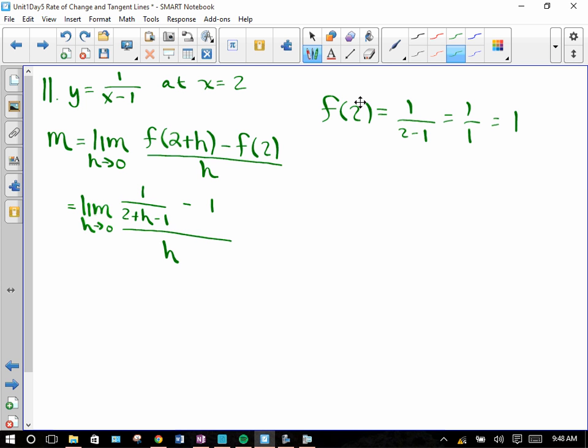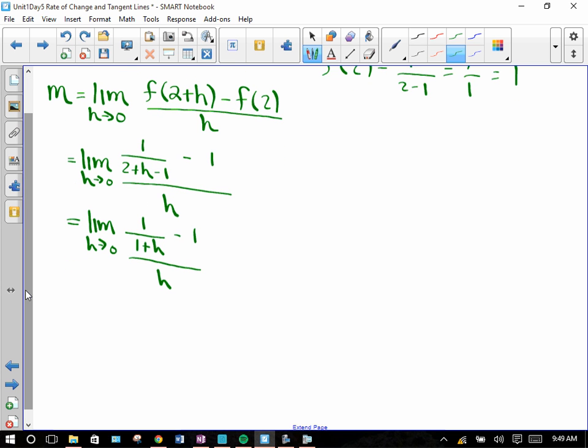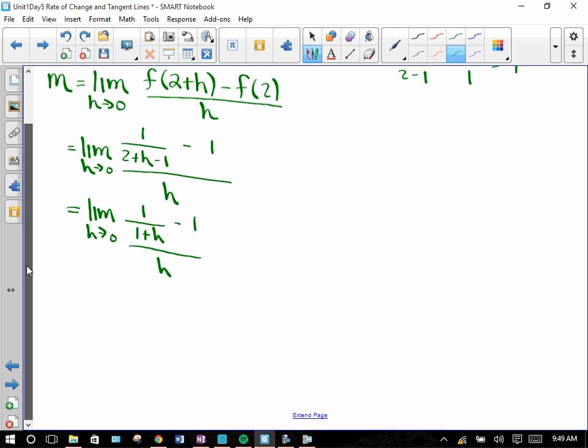Before I do anything here, I need to simplify the numerator and make it into one fraction. Or actually, we can do this first. 2 minus 1 is 1, so it's 1 over 1 plus h, minus 1, divided by h. Now I can combine these.